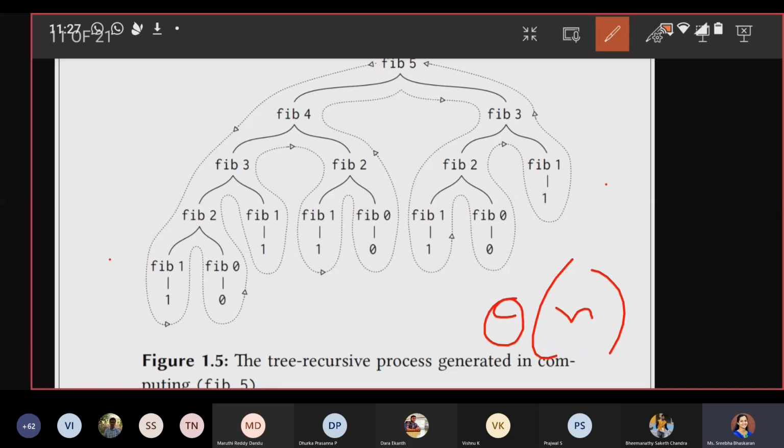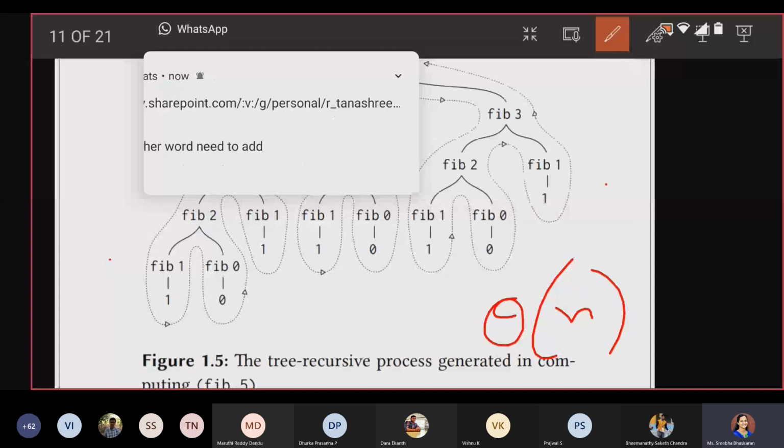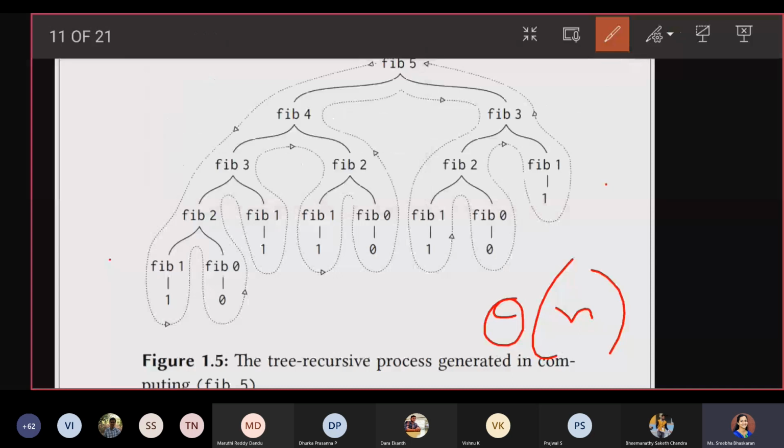In this example I have shown with fib of 5, if my n value is 3, only this is my calculation part. But as my n kept on increasing, the computation also kept on increasing drastically. It was not a small growth. It kept increasing very drastically.